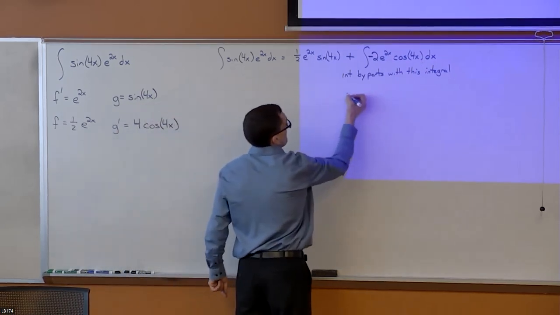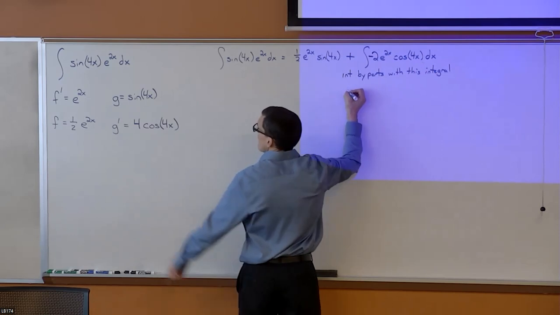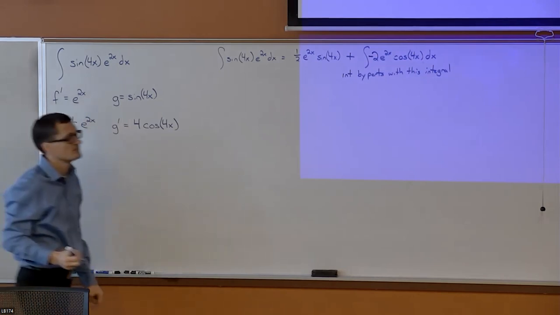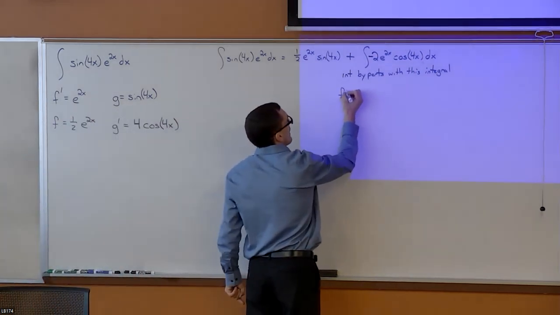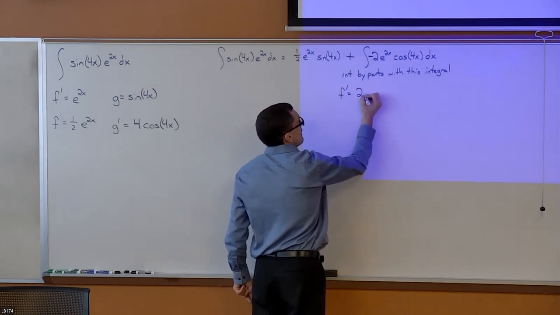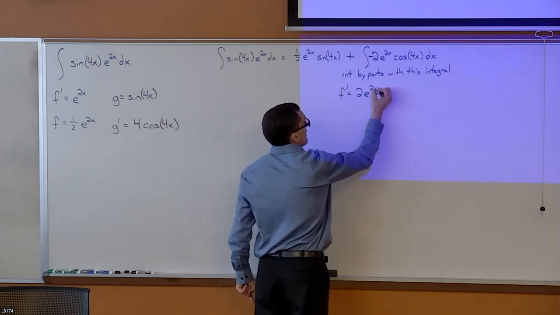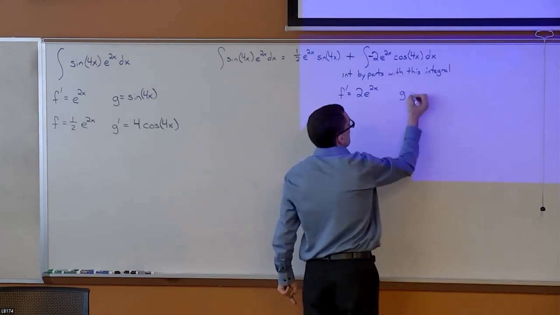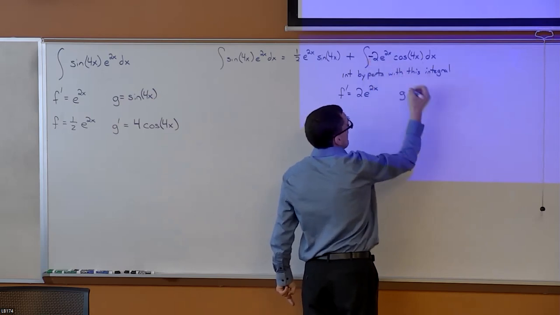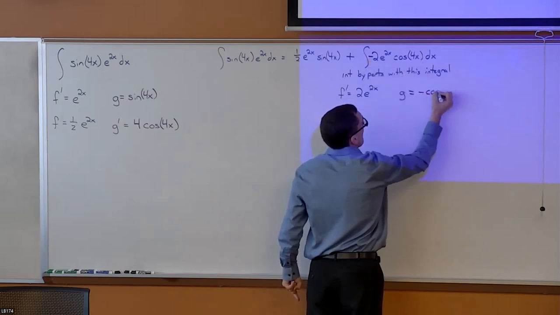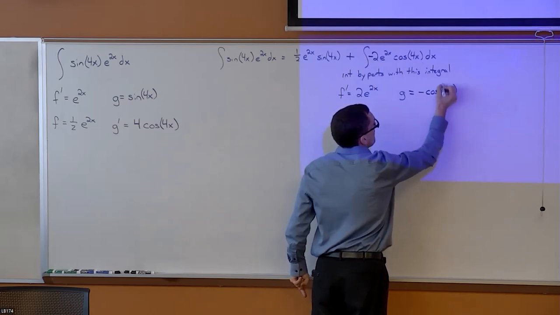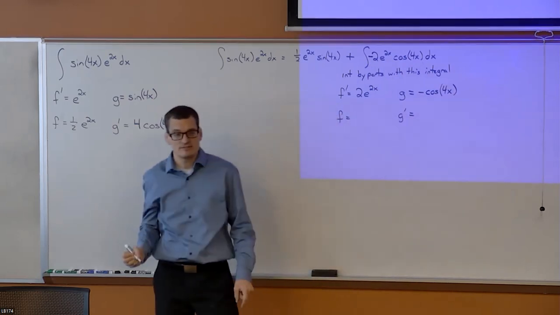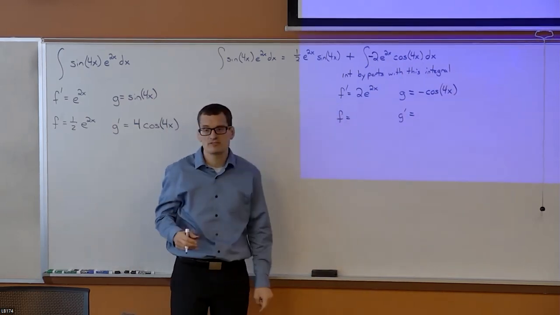And in my other integration by parts, since I used f prime as the exponential, I'm going to do that again. F prime is going to be my exponential, and I'm going to call that 2e to the 2x. And my g is going to be my trig function, and I'm going to take the negative sign in there with the cosine. So the negative is going to be attached to the cosine.